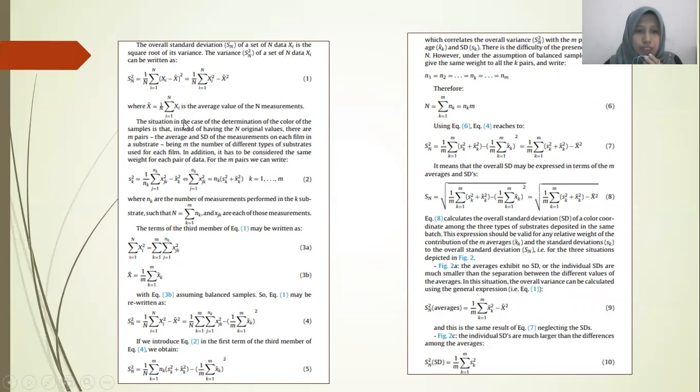So the situation in the case of the determination of the color of the samples is that instead of having the n original values, there are m pairs. This is the mathematical development that was already found by the researcher, until equation 10.